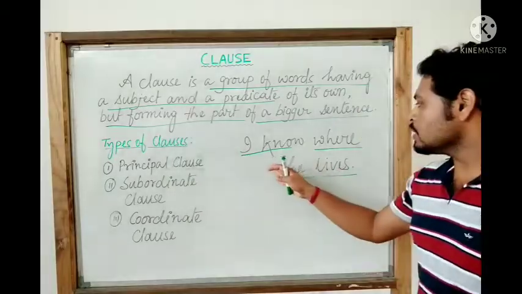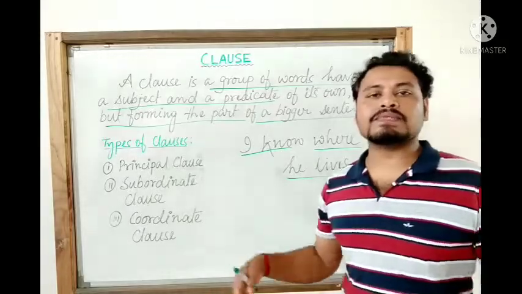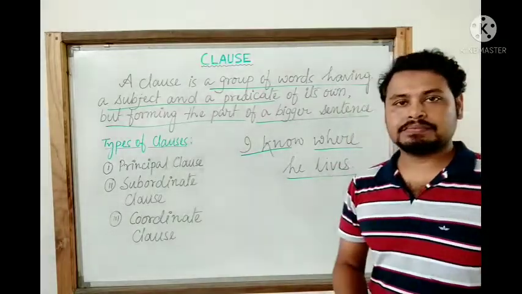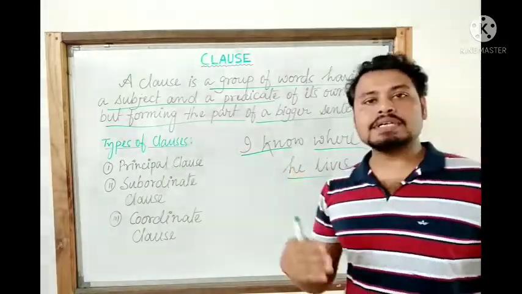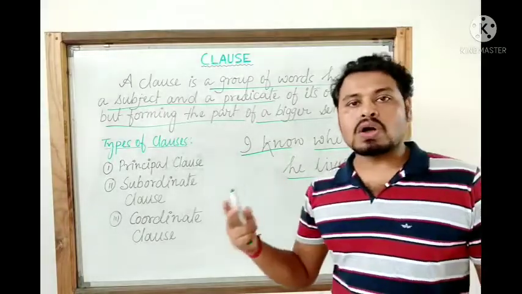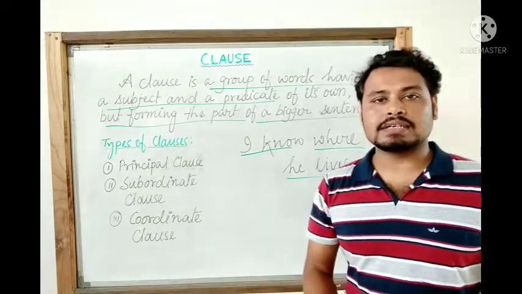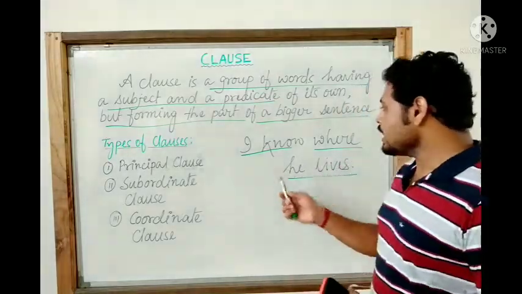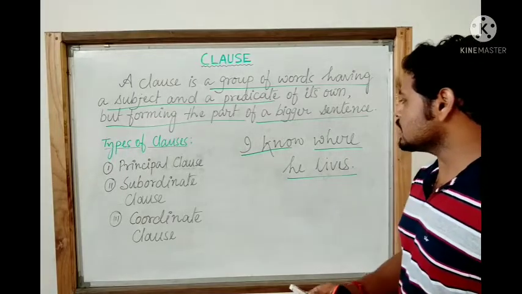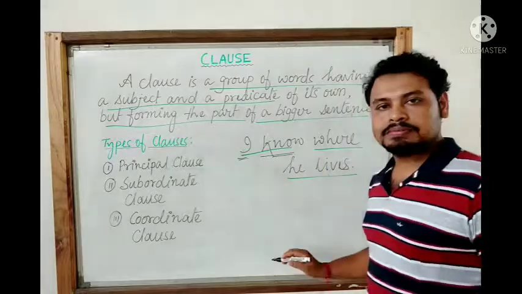Now let us see whether these two parts have subject and predicate of their own or not. If both the parts have their subject and predicate, then definitely they are two clauses, because they are the part of the bigger sentence. So "I know", here it is pretty much clear that we have the subject as well as the predicate.